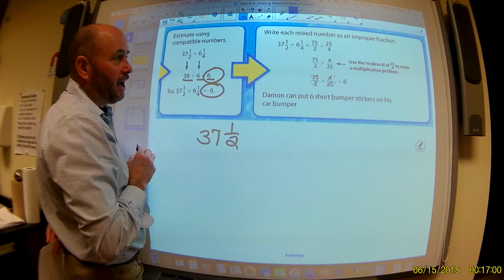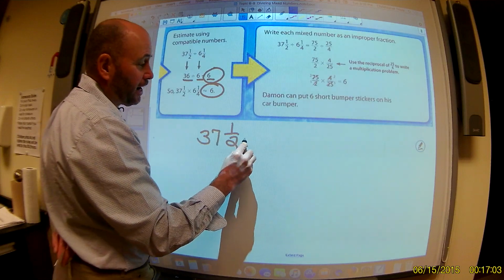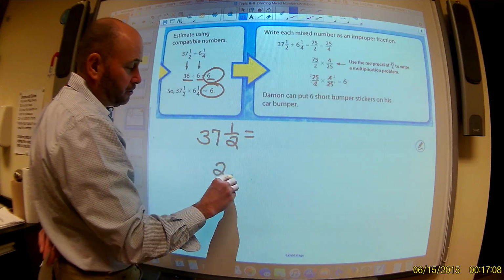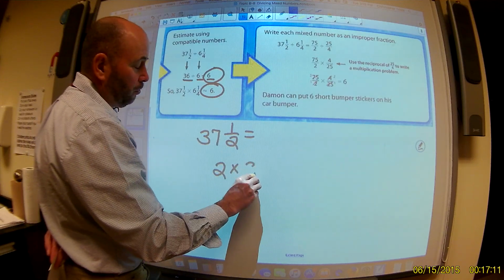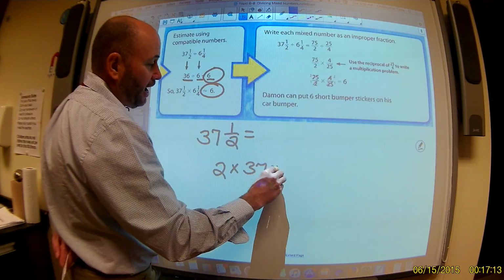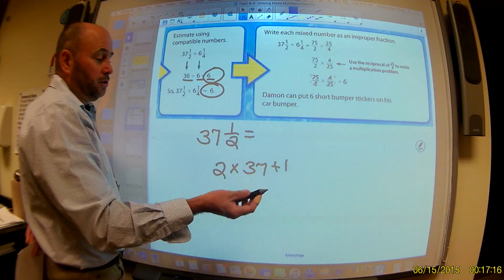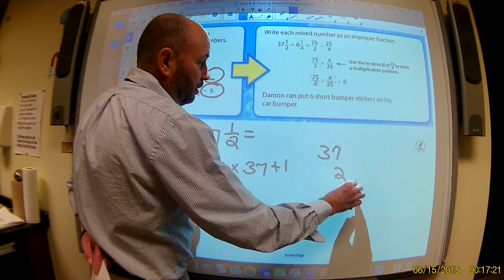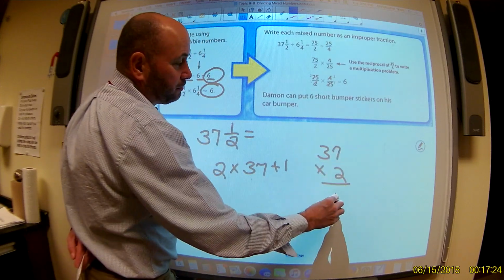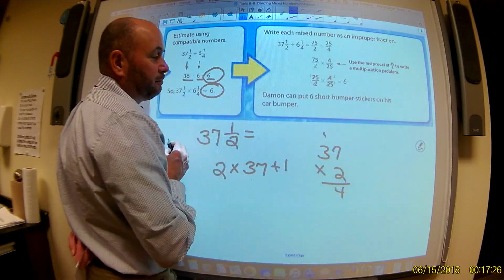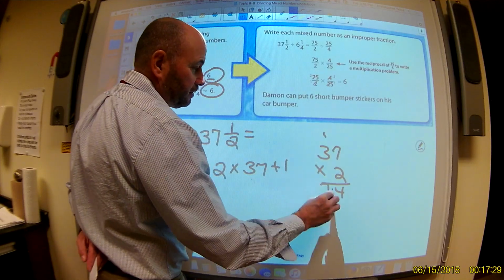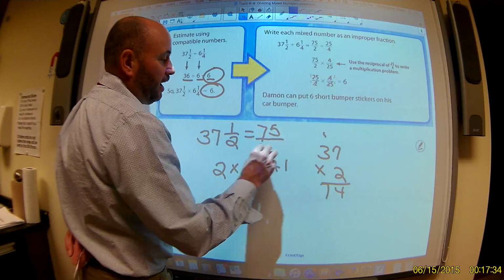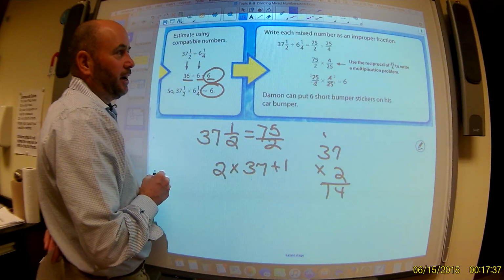If we have 37 1/2 and we want to turn it into an improper fraction, we simply take the denominator 2, multiply it by the whole number 37, and then add 1 to our product. So 2 times 7 is 14, carry the 1. 2 times 3 is 6, plus 1 is 7, so 74. Add that 1 to it, and we get 75 halves.